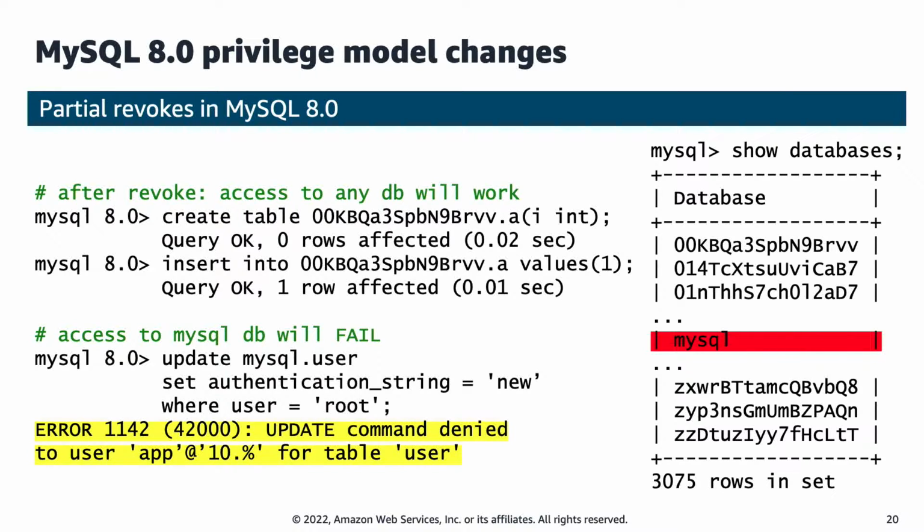And then I have all the features that I need. Right? I can create a table in a random database. Remember these crazy database names here. I can create a table. I can create a new database like this. I can do everything except accessing the mysql system database. When I try to do an update, I will get access denied. It's exactly what we want.